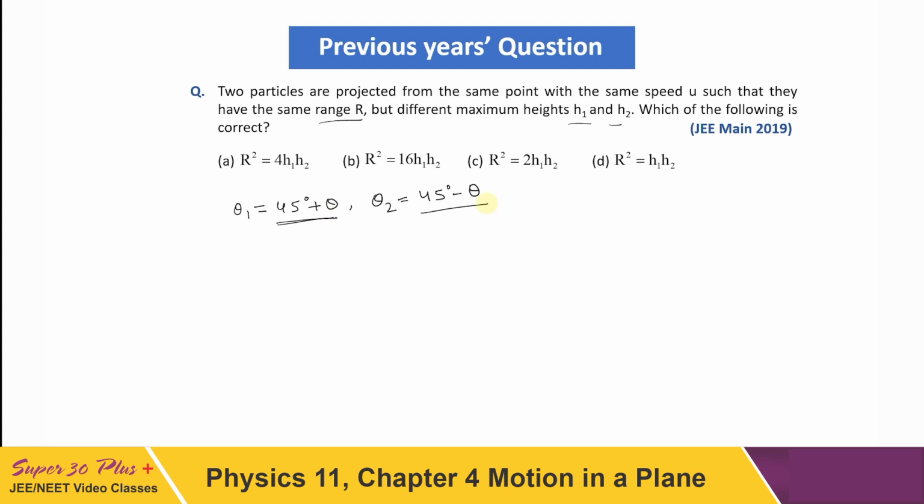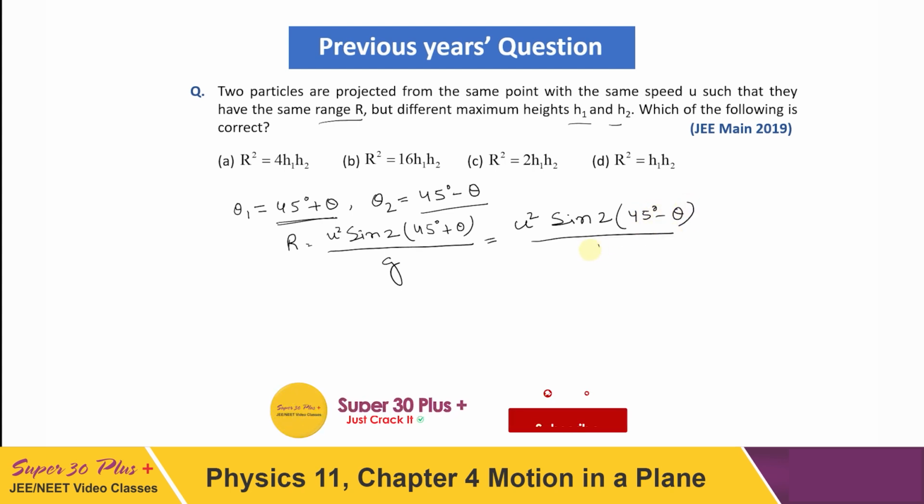minus theta. Now if we write the range, then r can be written as u square sine 2 theta, that is sine 2 (45 degree plus theta), upon g, which has to be equal to, for second particle, u square sine 2 (45 degree minus theta) upon g.